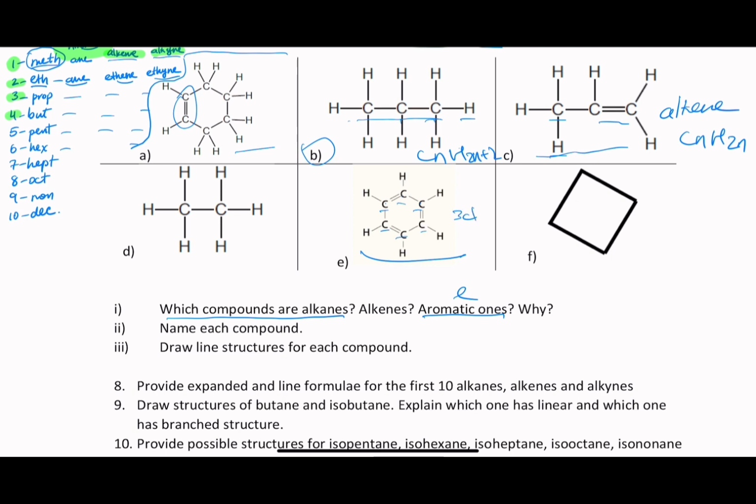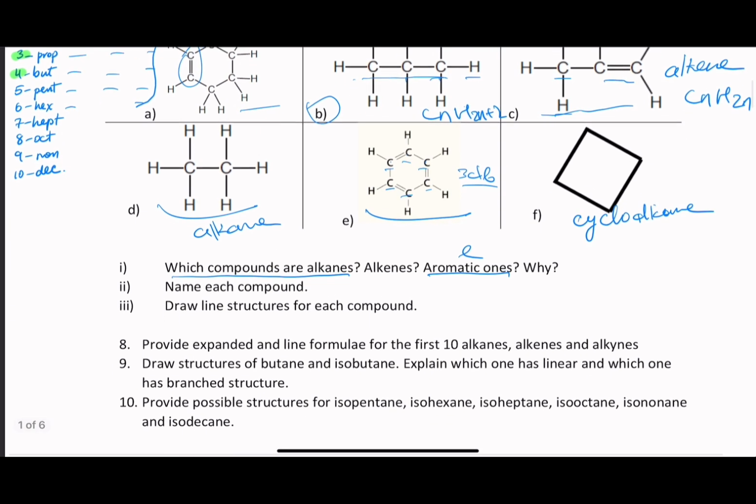Now this guy is cycloalkane, and this one is alkane as well, because we have only 2 carbons with single bonds.